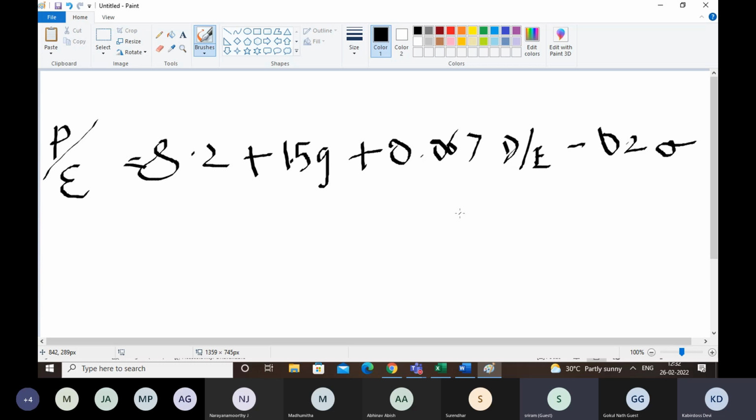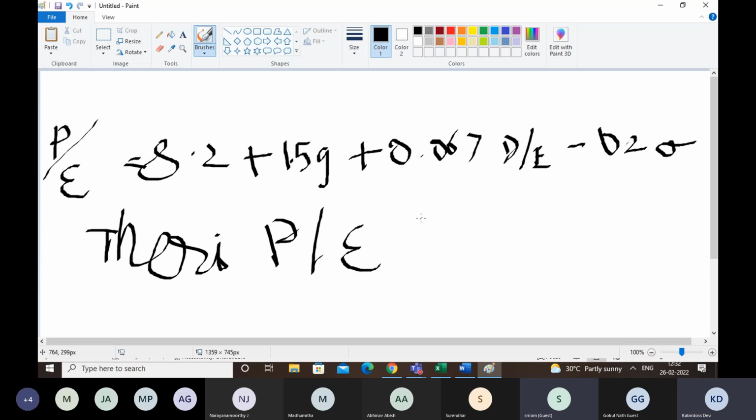There are some assumptions they check. The theoretical PE means what is given by the formula. If the actual PE is greater than the theoretical PE, you need to sell.